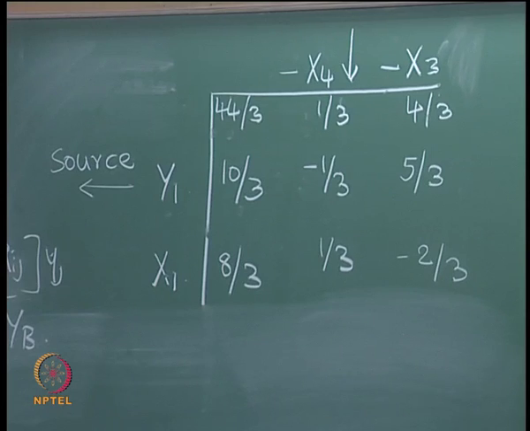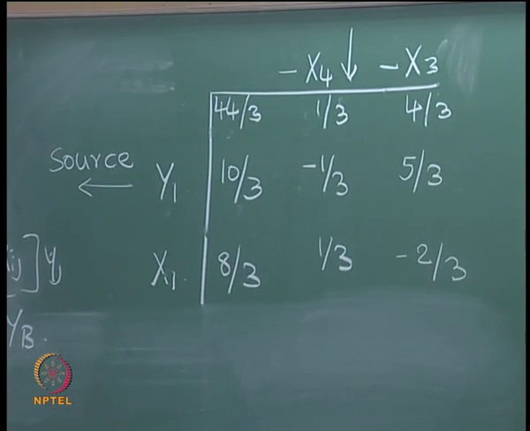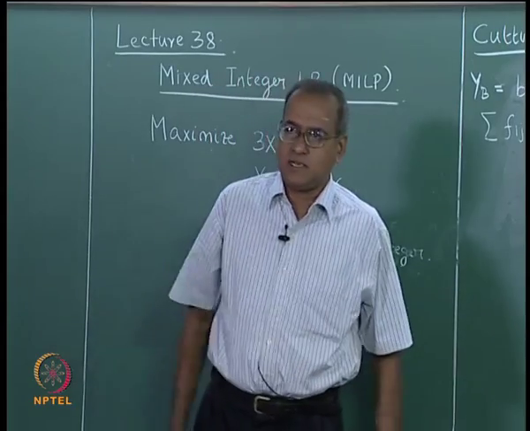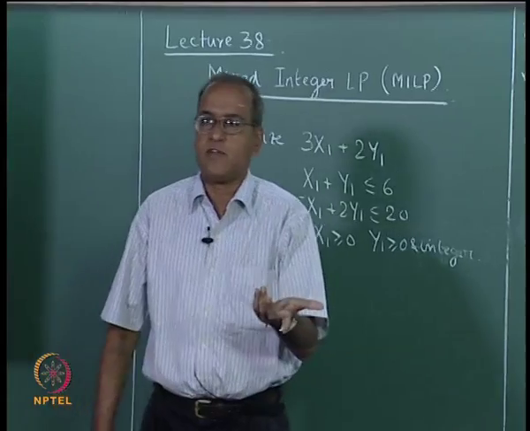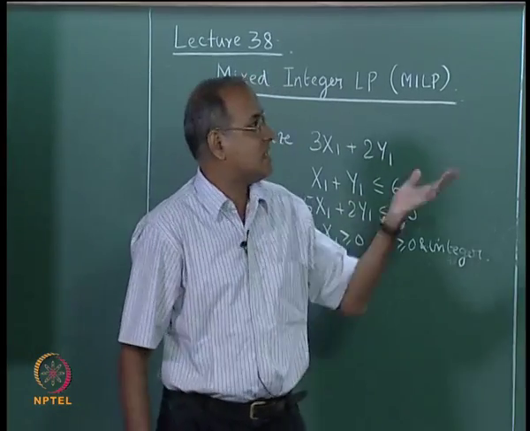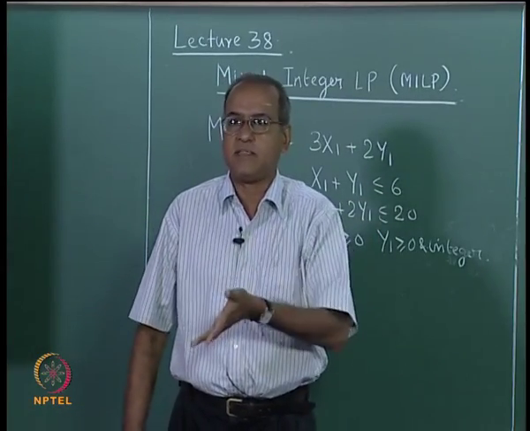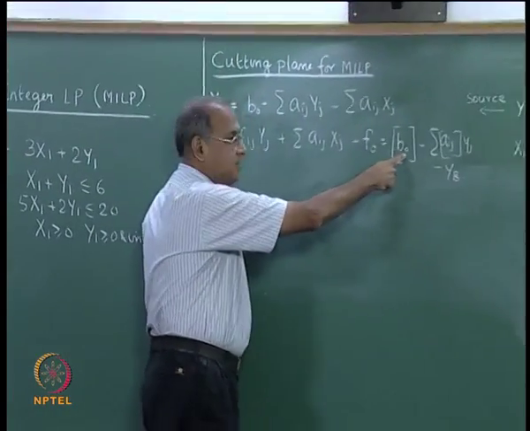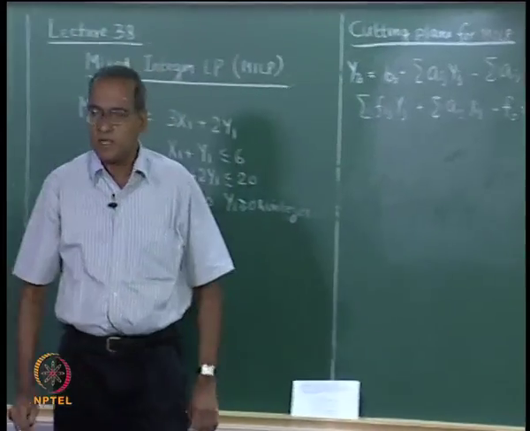So, B naught is now written as the lower integer component of B naught plus a positive fractional component of B naught. For example, 10 by 3 will be written as 3 plus 1 by 3. 3 is the lower integer value, 1 by 3 is the difference. So, the lower integer value of B naught will be 3, and the fractional value will be 1 by 3.